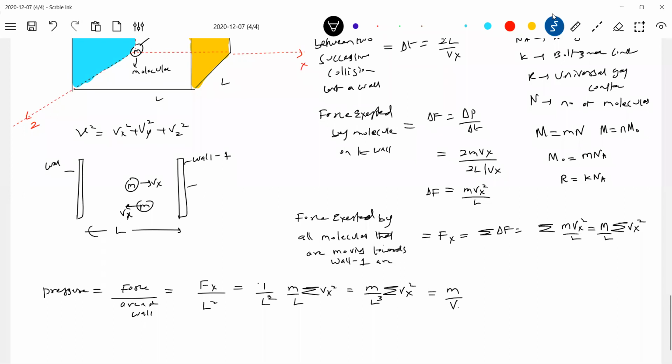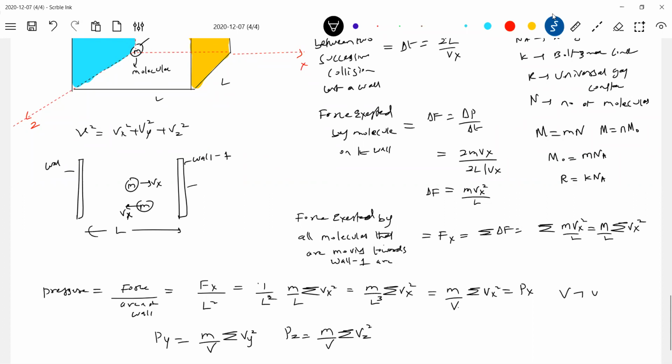So let me write it as, I think it is understood, no? Capital V is the volume of gas. So this should be equal to, this I'll call pressure. Similarly, Py, what you can write? m into V summation of vy square due to the Z component of velocity, vz square.